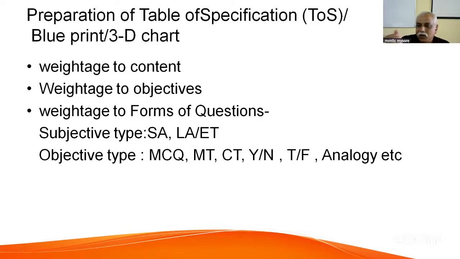One is row-wise, one is column-wise. Okay, two dimensions have come. So within these two dimensions, the binding factor of these two dimensions is the questions. The one is weightage to content, weightage to objectives, and the third one, which combines both the content and the objectives, is the questions that we frame.